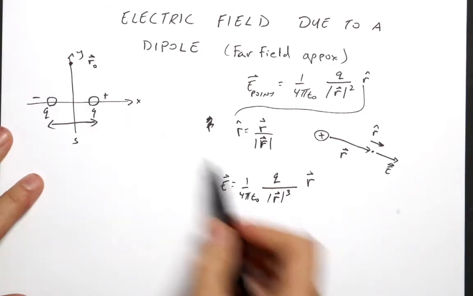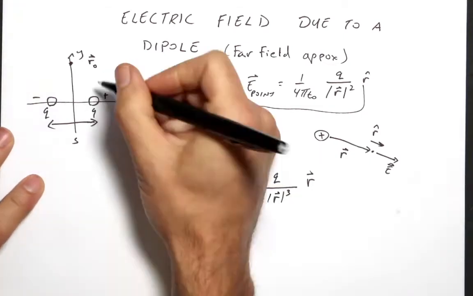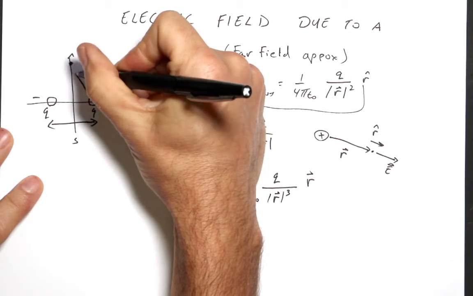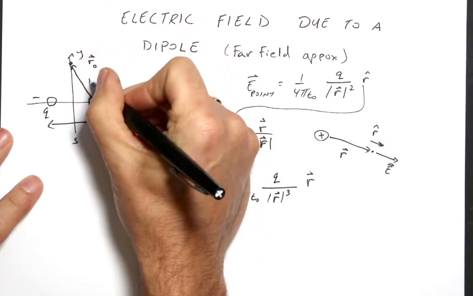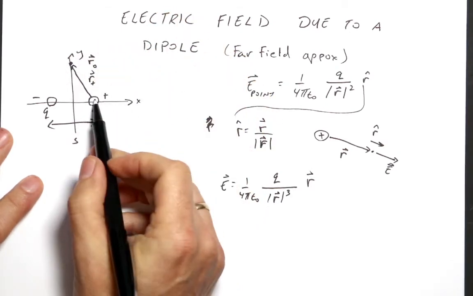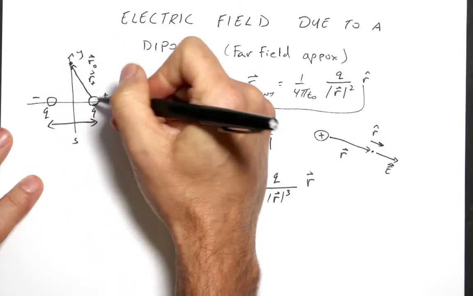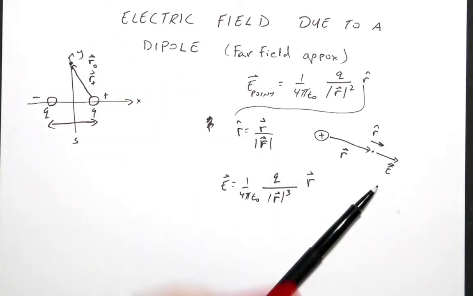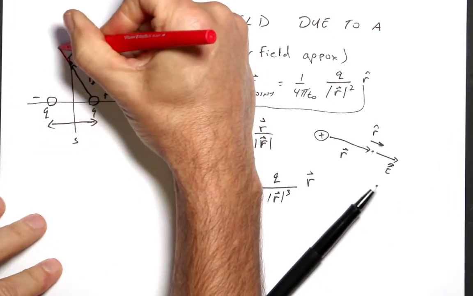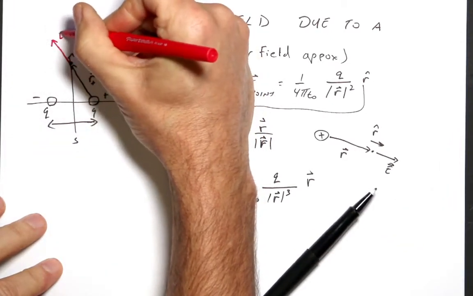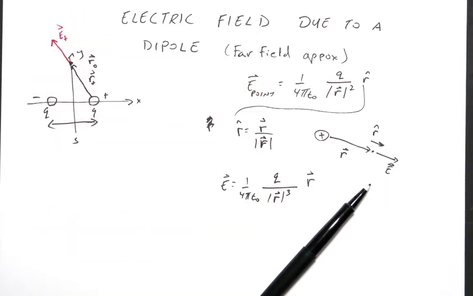So what we're going to do is come over here, and I'm going to calculate first this vector r, I'll call that r plus. That's the vector from the positive charge to the observation location, and I can find the electric field due to that, and I should put it in red, right? So this is going to be E plus. And then I can do the same thing for the negative charge.